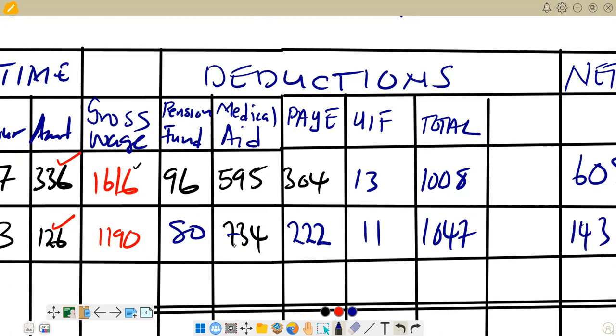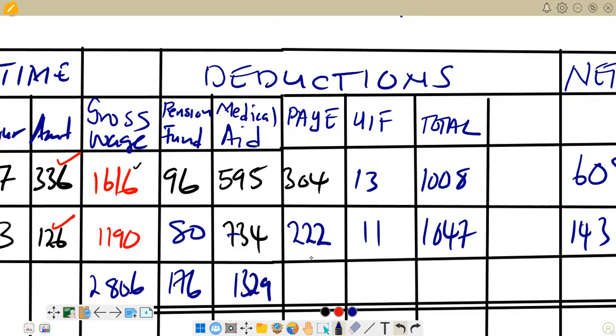Then we can put our totals here, starting from our pension fund. You add here 96. We can start from our gross wage here. We add 1,716 plus 1,190, then we get the total for gross wage, which is 2,806. Then we add this 96 plus 80, get 176. We add here 595 plus 734, I get 1,329.